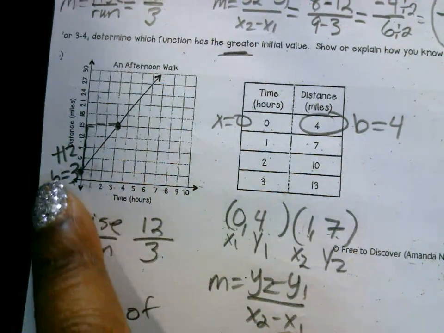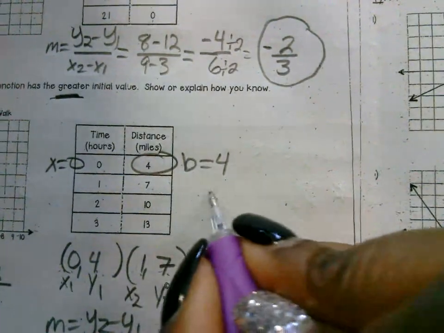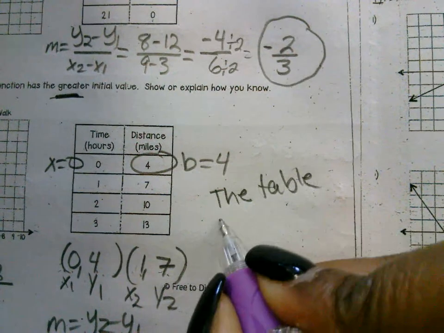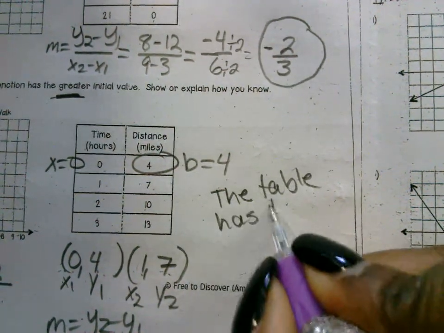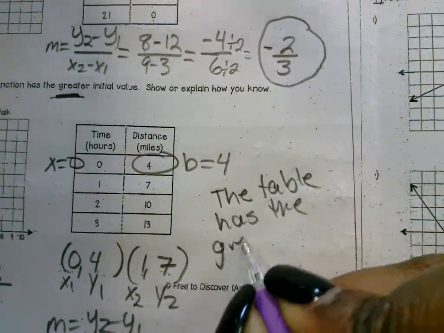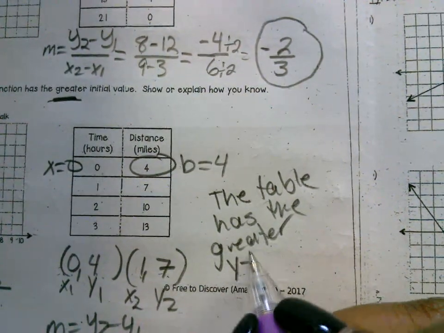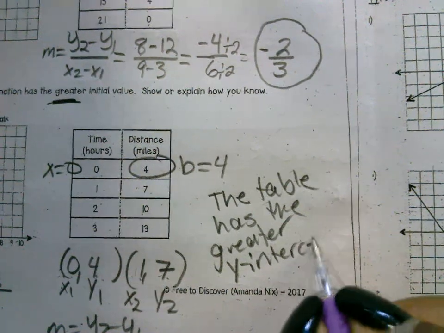Is it the table? The table has the greater starting amount. The table has the greater y-intercept.